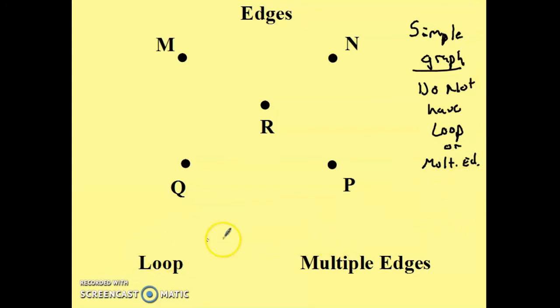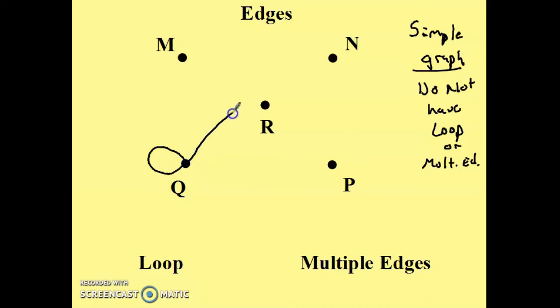These two things change it from being just a simple graph to a non-simple graph, where it might have a loop. Like if Q were connected to Q, that's called a loop, where it's just one edge.